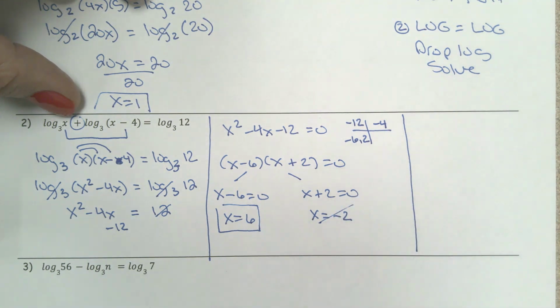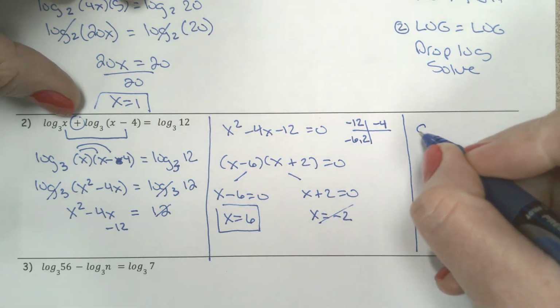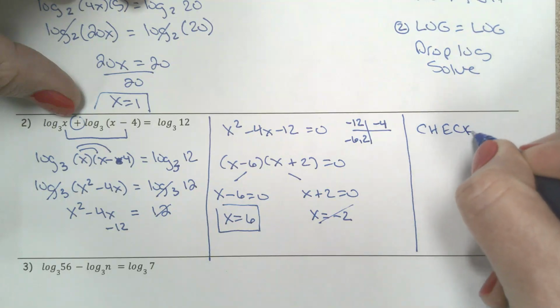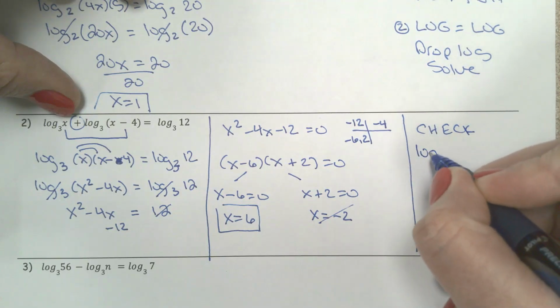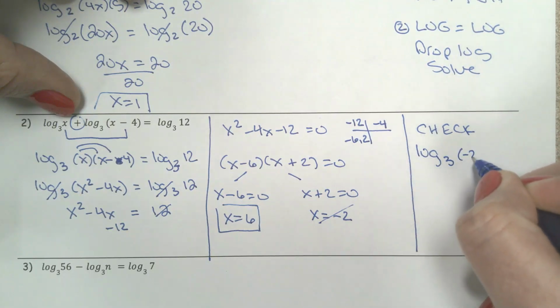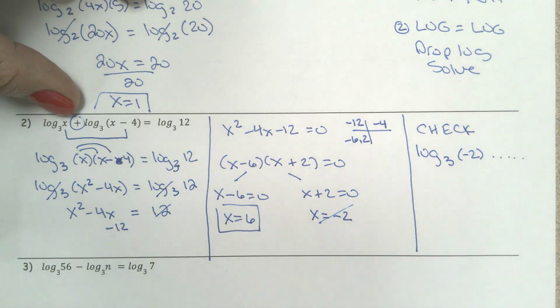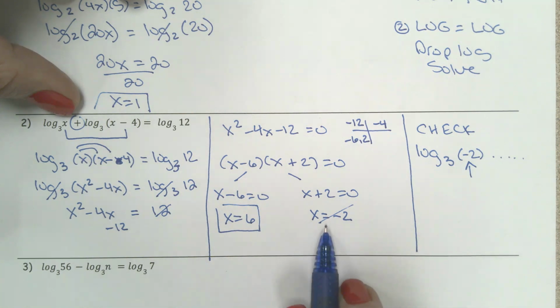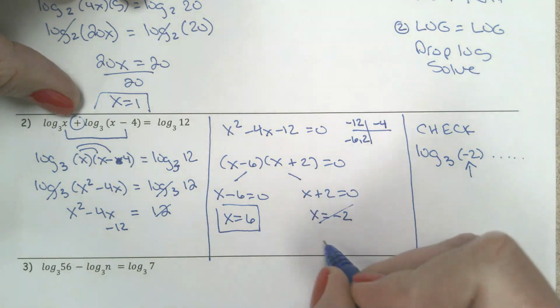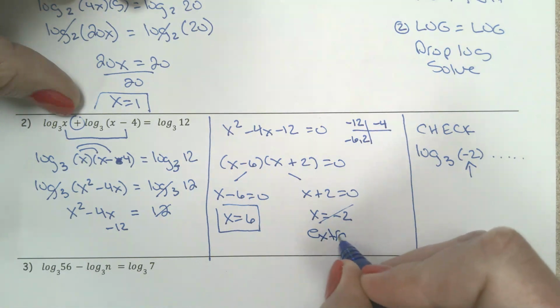So you can't take the log of a negative number. So once again, when you check it and you plug it in, you would have log base 3 of negative 2, etc. You can't take the log of a negative number, therefore, this is not a good answer, and it is what we call extraneous.